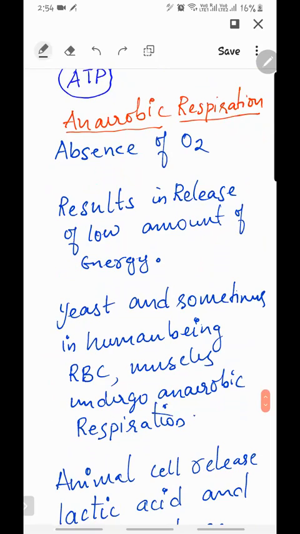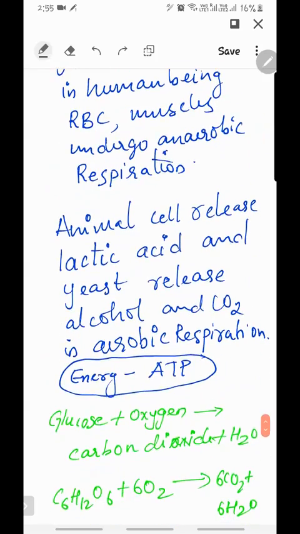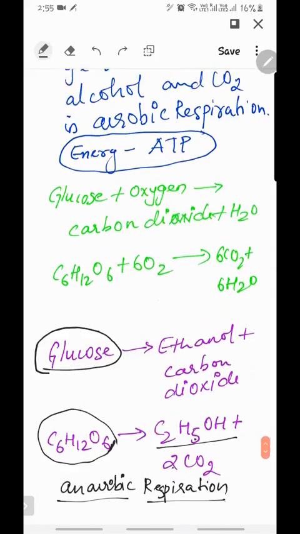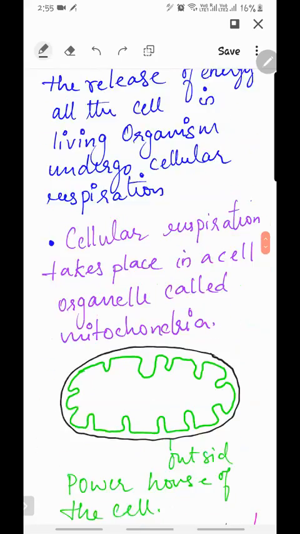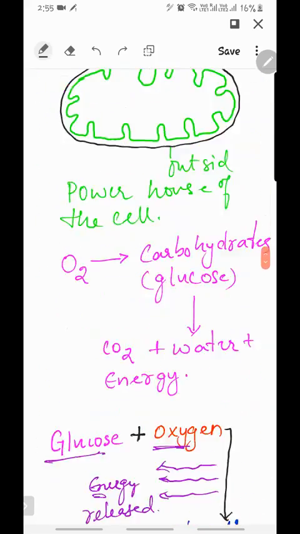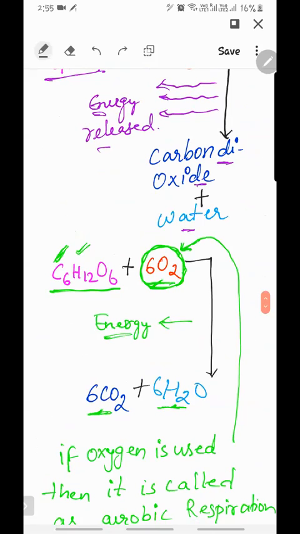Sir, could you hear me? Sir, in one place you wrote 6 or 2. How did you write it, sir? See, that is balancing. Balancing we have to do. First, sir, where you wrote that?